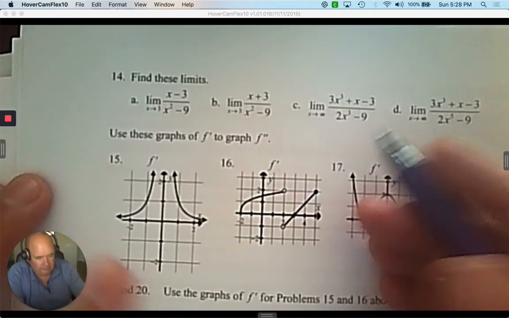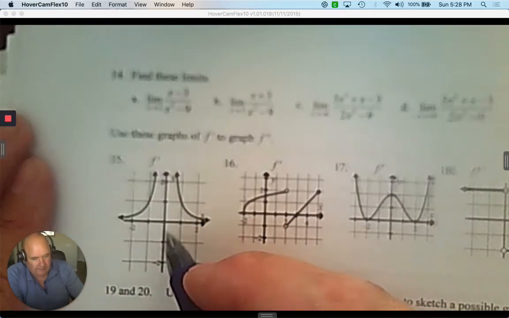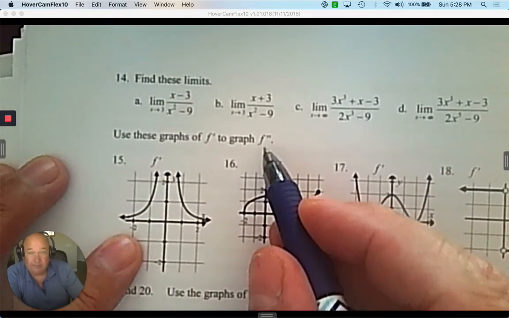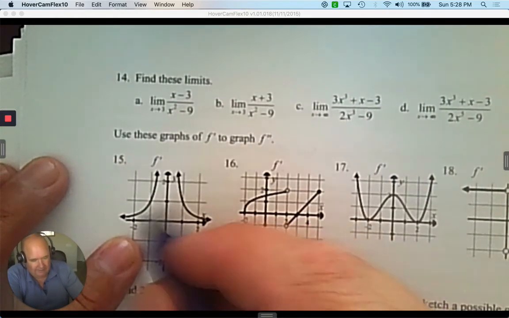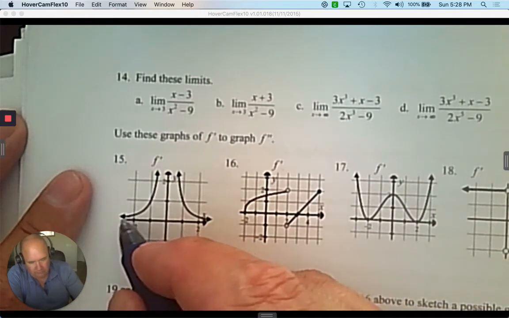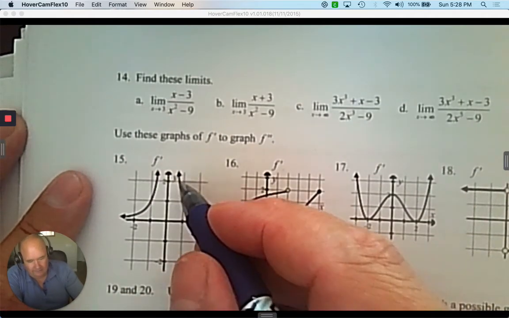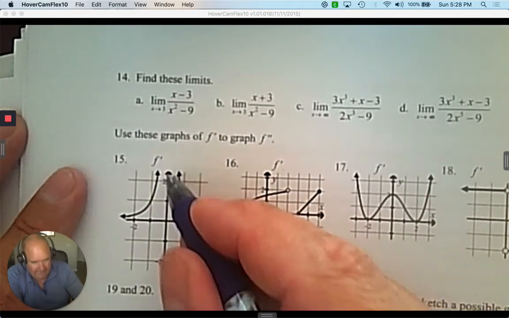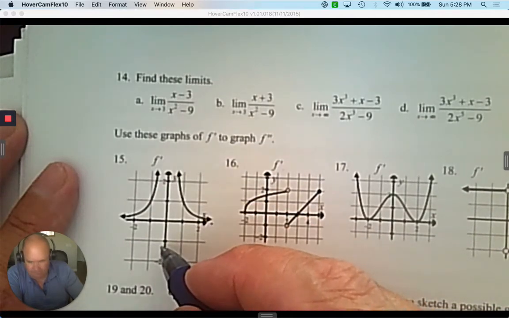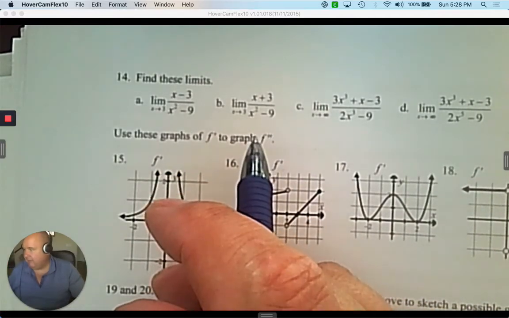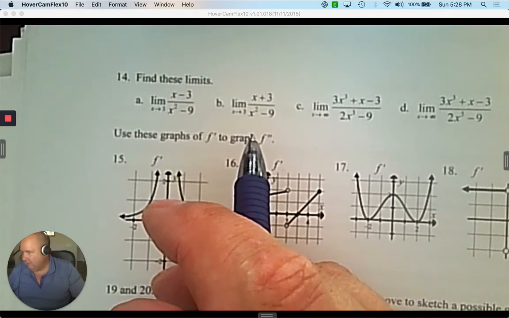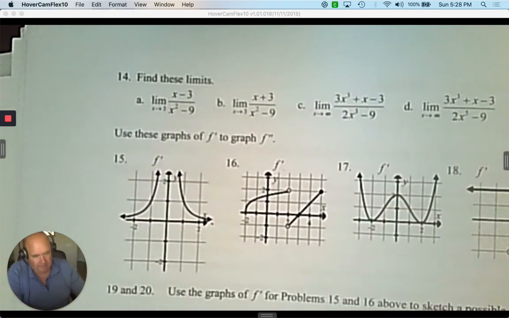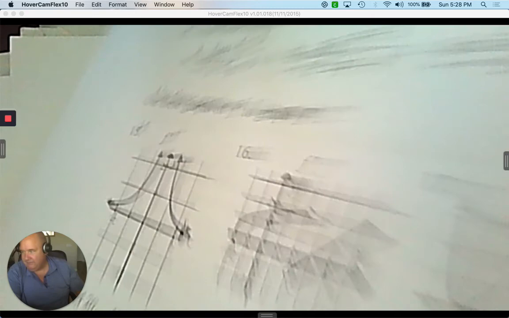For the first derivative, if I want to graph the second derivative, I'm looking at increasing and decreasing. The first part is increasing, then it is decreasing, and then at 0, it's undefined. So if I want to graph number 15, that's the first thing I look at. It's increasing, then decreasing, and then it's undefined as a curve.